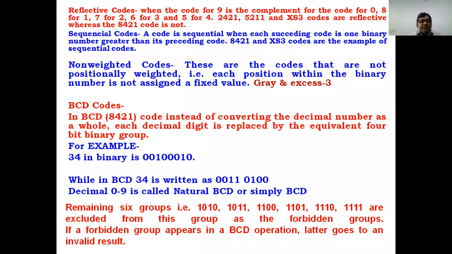It simply means if a forbidden group appears in a BCD operation, it leads to an invalid result. So we can say that this BCD code has limitations: it will work only for decimal 0 to 9.